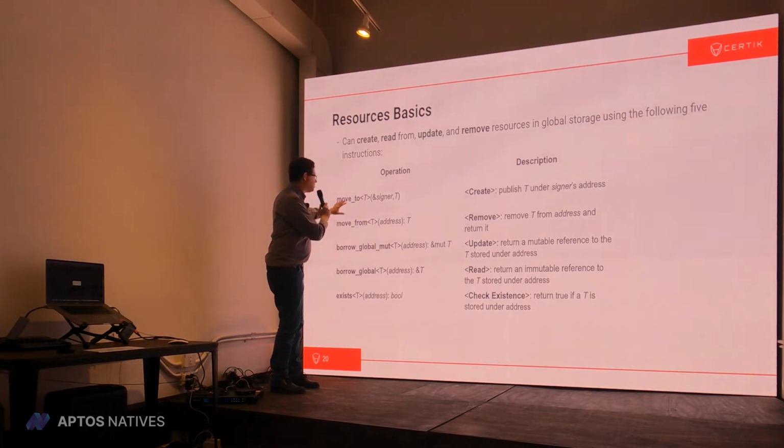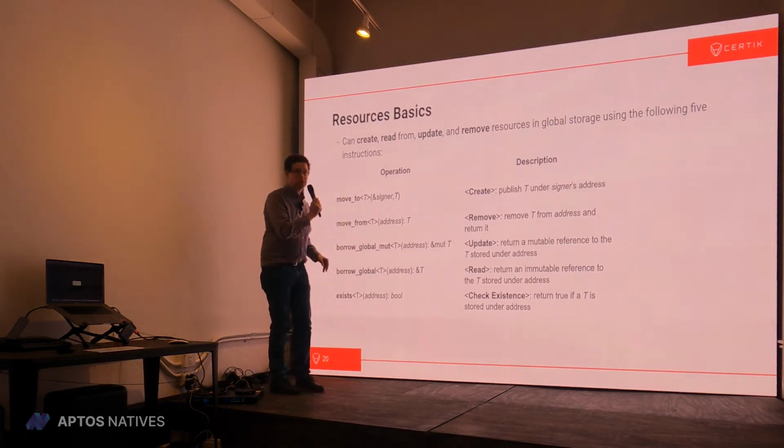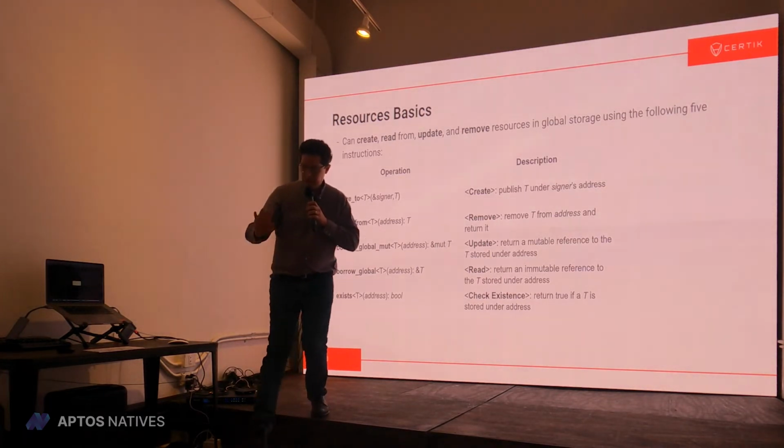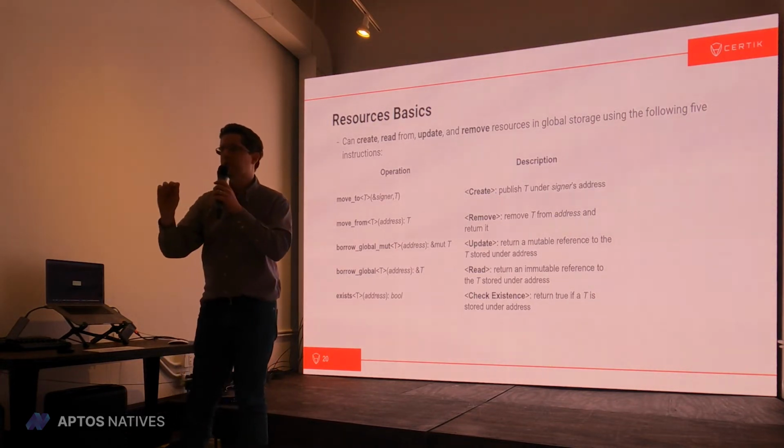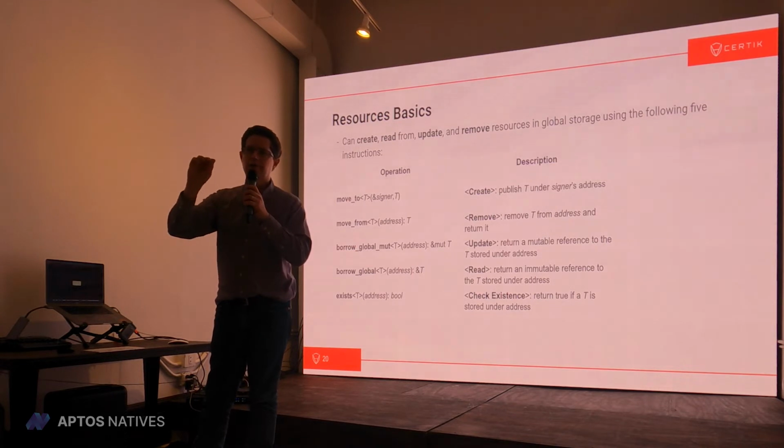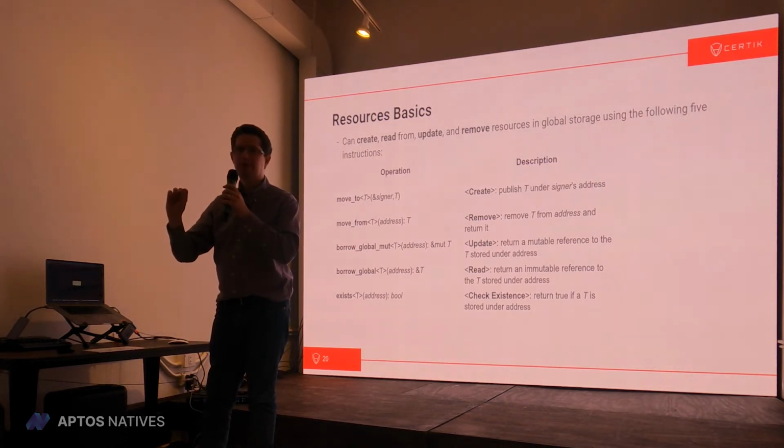Then you have other operations, like the ability to create something. You create a copy of the struct locally, and then you do this move_to here. You have to have signer permission. So you have all these different operations that allow you to manage resources. And because each account has one copy of the resource, this gives you independence if you're trying to execute lots of transactions in parallel.